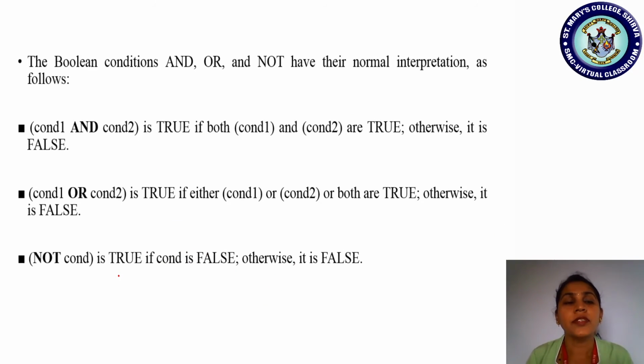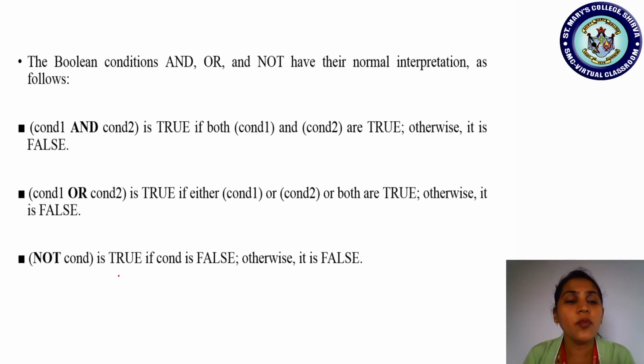Okay, the Boolean conditions and, or, and not have their normal interpretation as follows. You all know the way and, or, and not work. In the and, what is the functionality? Condition 1 and condition 2 becomes true if both the conditions are true. Otherwise, it will be false.